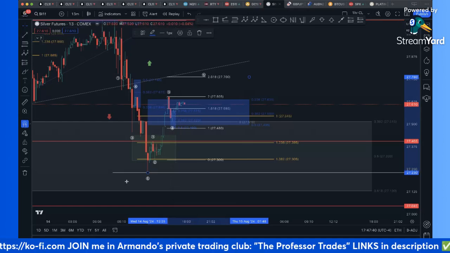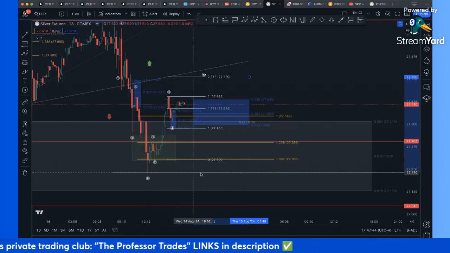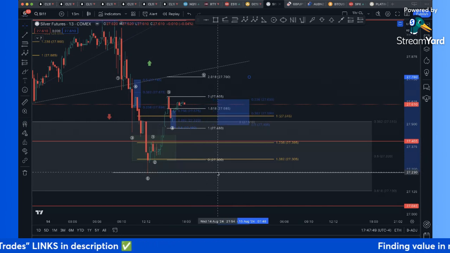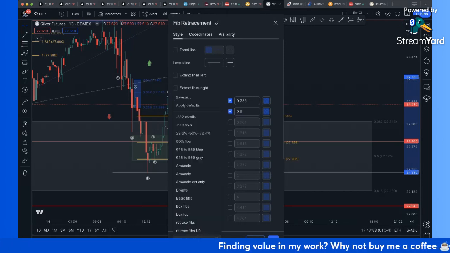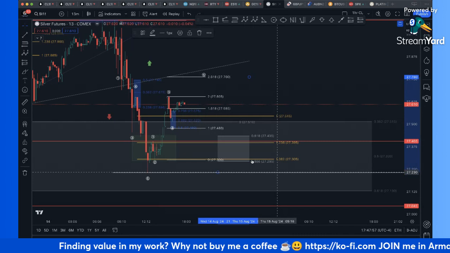Okay. So that's the swing low. That's the swing high, just speculating, putting the swing high at the 2618, which isn't unreasonable to do. And then now I'm going to open another template called Gray Fib 618 to 886. This is the zone.